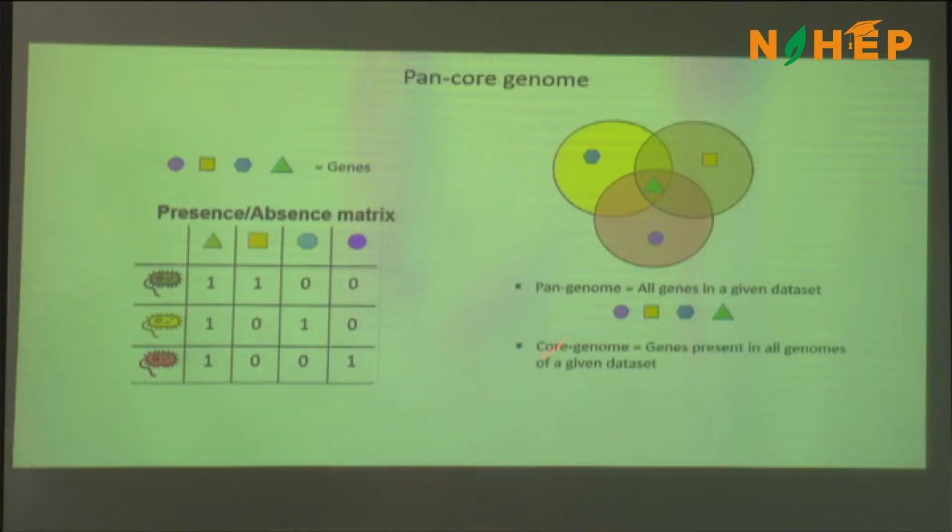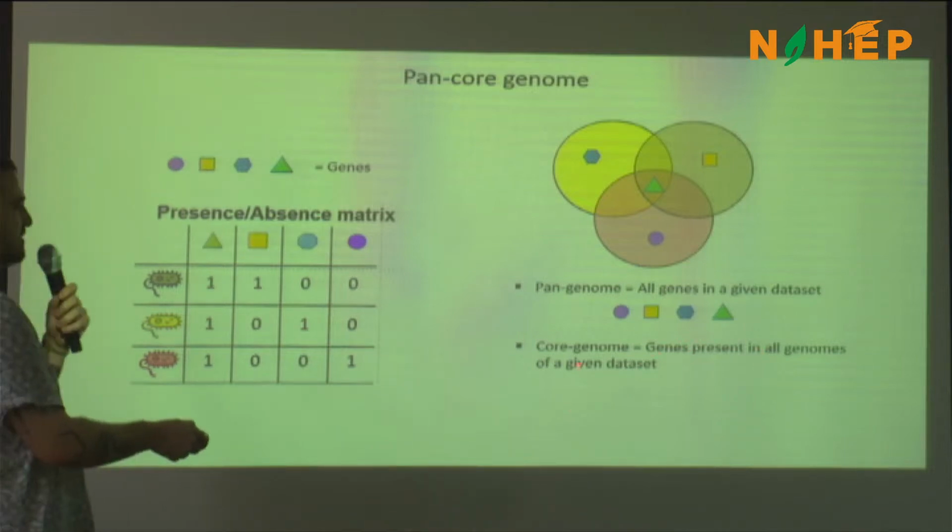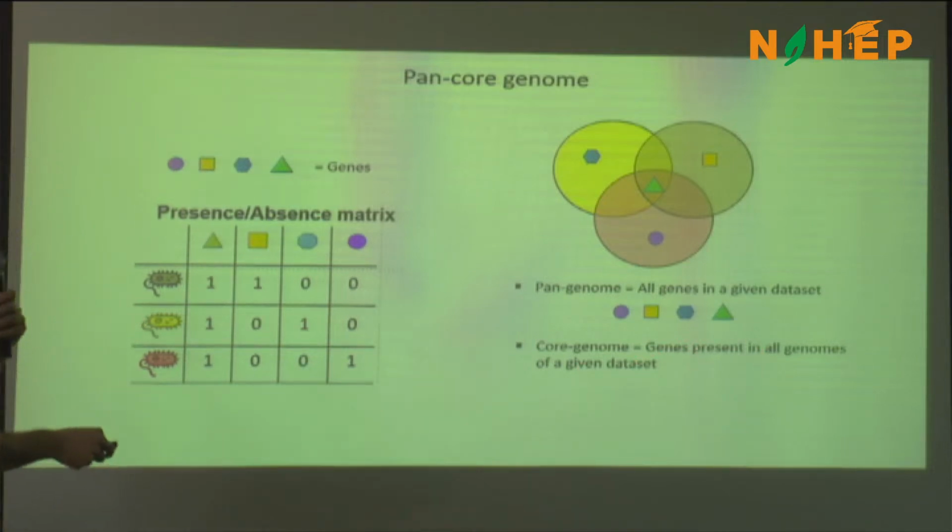Then we have the core genome, that is the genes present in all genomes of a given data set. So which one will be the core genome here? Which shape? The triangle. Good, because it's in all of them.